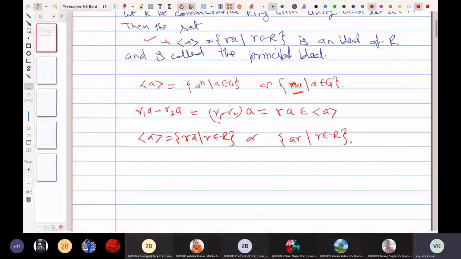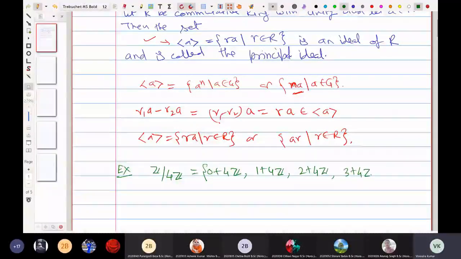So let us proceed to a further example. Yesterday we were talking about quotient or factor rings, and we have seen some examples. I don't remember whether we considered this one, but you see that there are elements like 0 plus 4z, and then 1 plus 4z, 2 plus 4z, 3 plus 4z, like this.